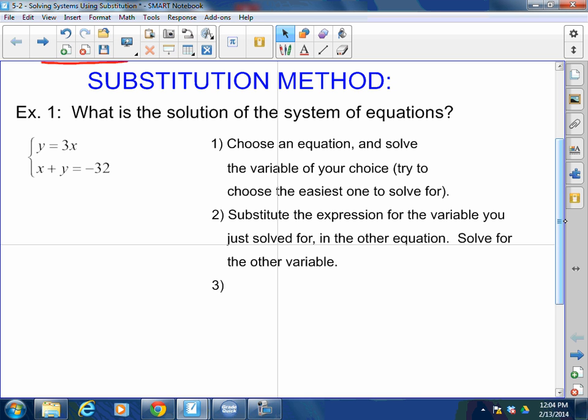Step two. Substitute the expression for the variable you just solved for into the other equation. Solve for the other variable. What am I talking about? Do you see here that I have y in both equations?